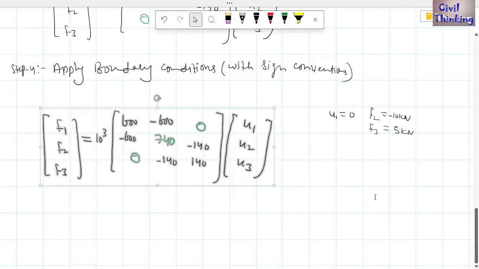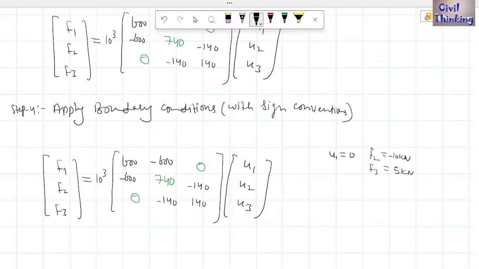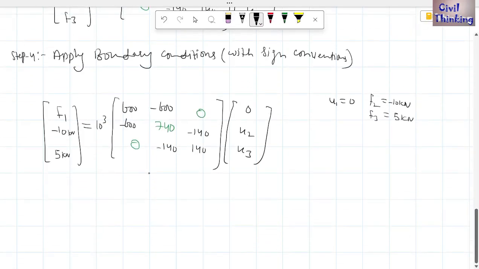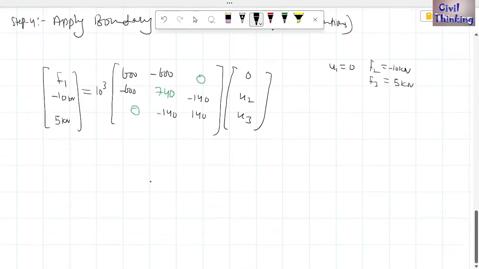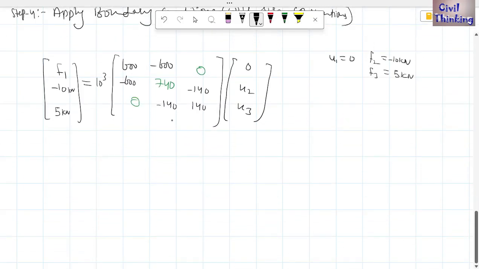F1 is unknown, F2 is minus 10 kilonewton, and F3 is 5 kilonewton, as shown here, and U1 is 0. So this is our global stiffness equation along with the boundary conditions. Now with the help of this we can find U2 and U3 first, and we will then find F1.